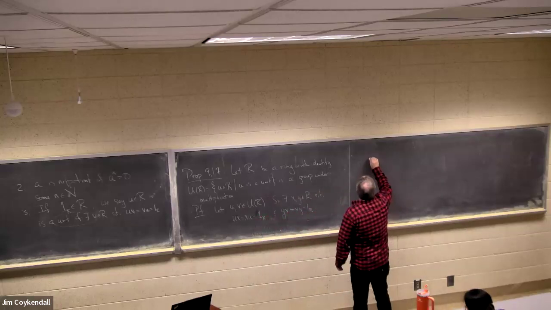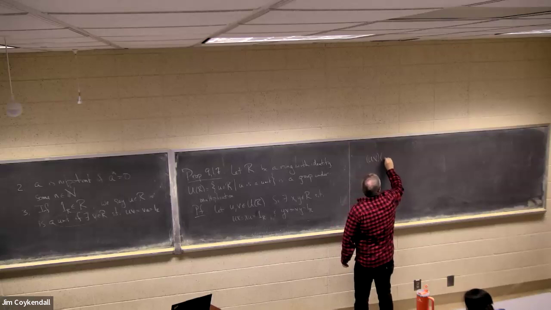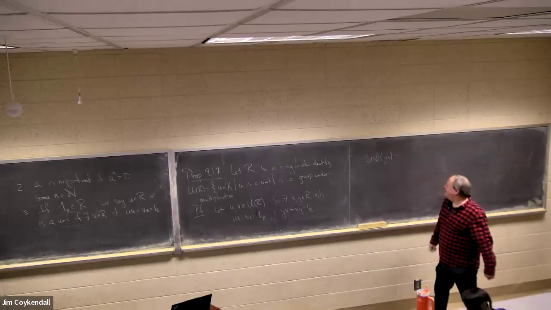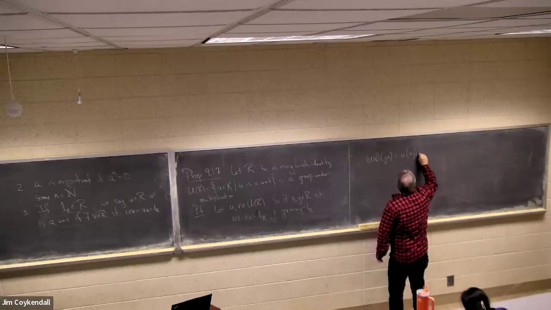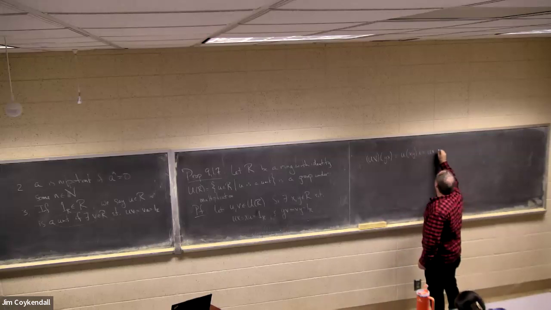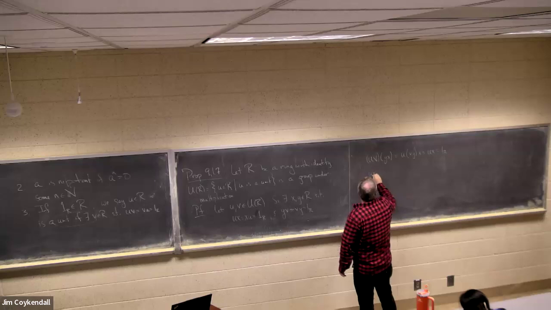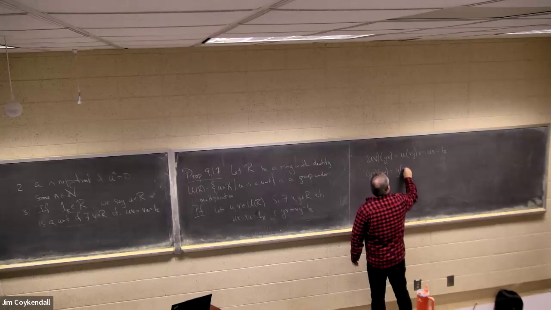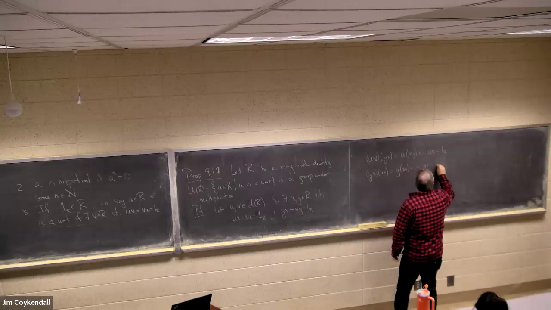Now look at UV times YX. This is U times VY times X, associative, which is UX, because VY is the identity, which is 1_R. And if you look at YX times UV, this is Y times XU times V, which is YV.